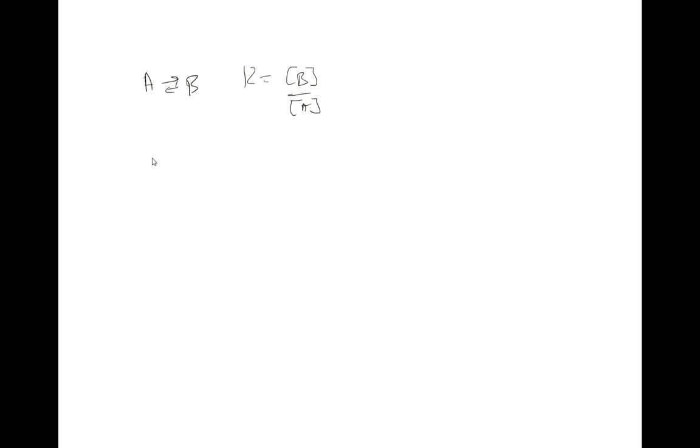So if we look at this reaction, let's say it's an exothermic reaction. So here's reactant A, here's product B. The y-axis is energy, and the x-axis is reaction progress.